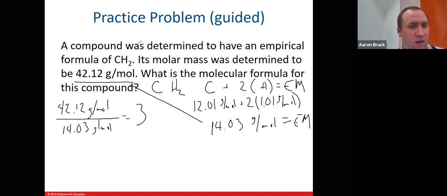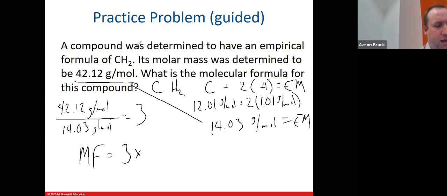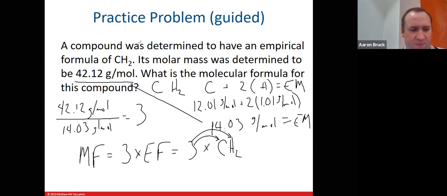And so my molecular formula is equal to 3 times my empirical formula, which is 3 times CH2. So I'm going to distribute that 3 over both of those subscripts. I end up with C3H6.